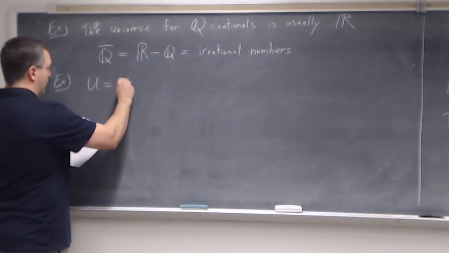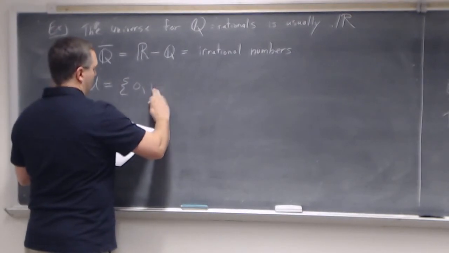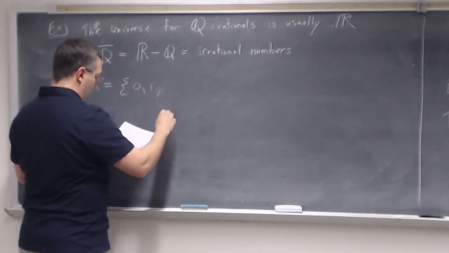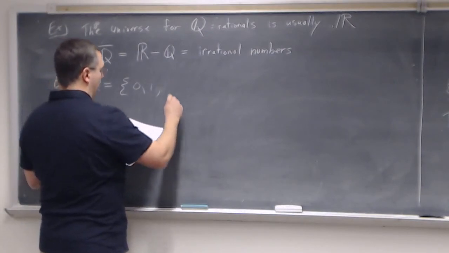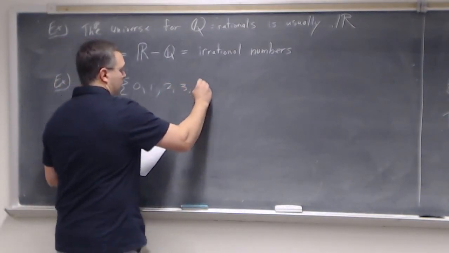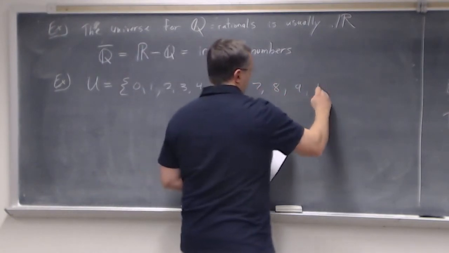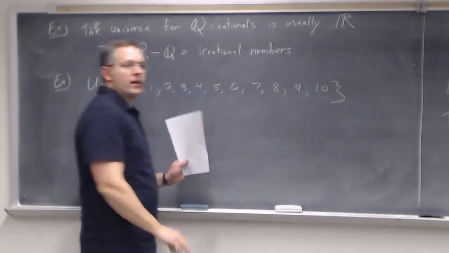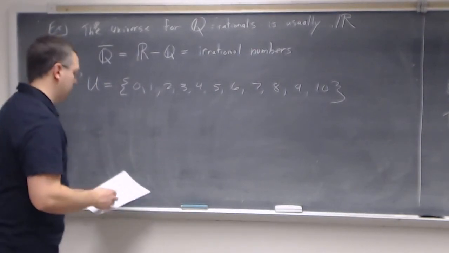Okay. Here's another. Now I'm going to define a universal set. The universal set is going to have all the integers between 0 and 10. These are the only numbers I'm considering for this example. This is the universe.